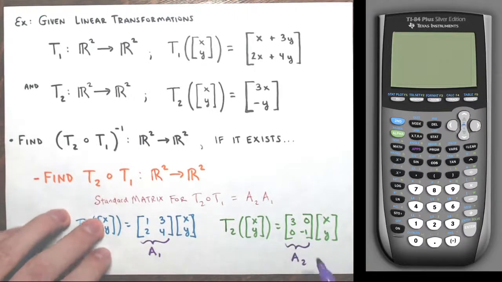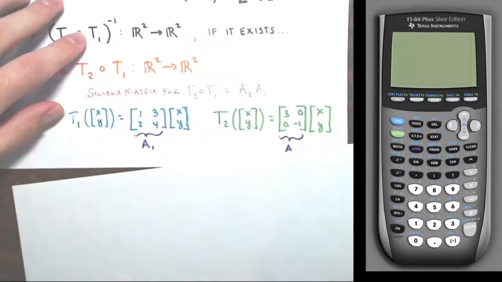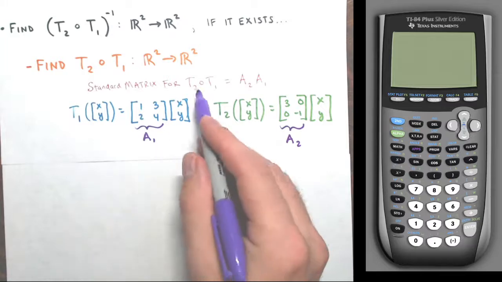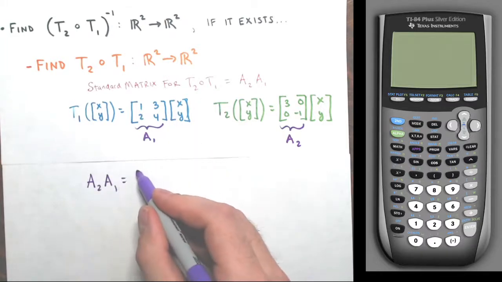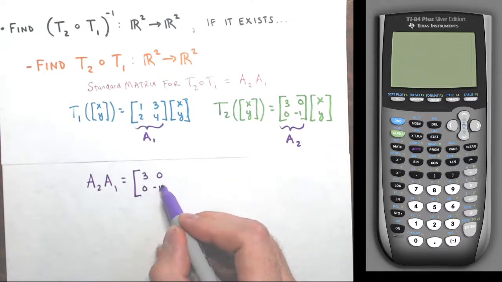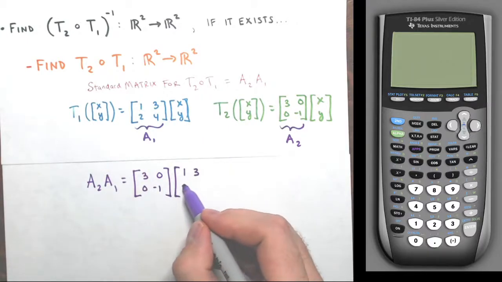So I'll do this on the next page. Let's take A2 times A1, and we'll get the standard matrix for T2 composed with T1. So A2 times A1 is A2, 3 0 0 -1, multiplied by this matrix here, 1 3 2 4.